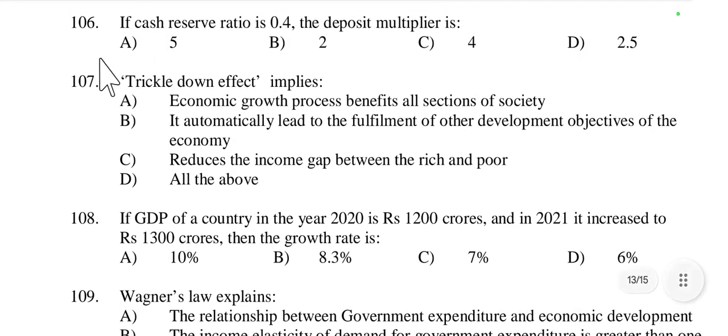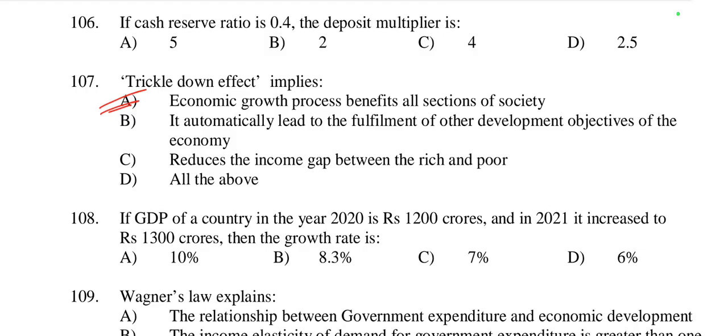Then next question, trickle down effect. The trickle down effect implies economic growth process benefit all sections of the society. It is right. So what is the trickle down effect? It is the idea that the benefit of economic growth, particularly when driven by policies that favor businesses and wealthy persons, will eventually trickle down to all sections of the society, including the lower income groups.